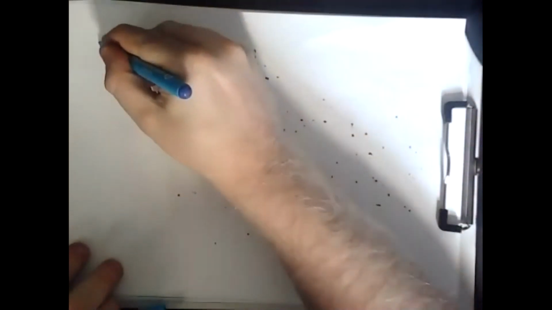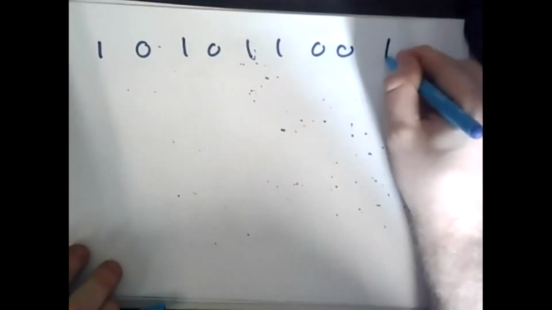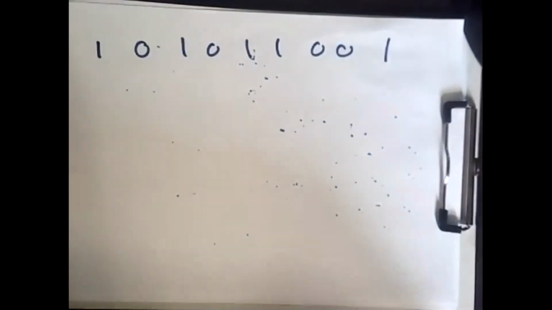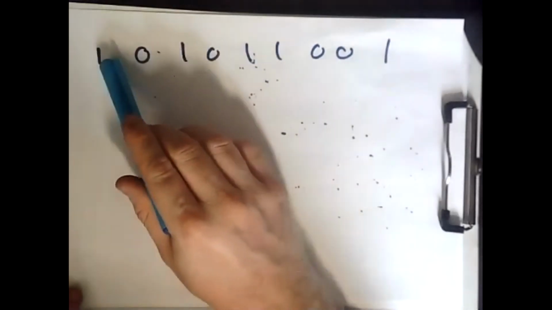For example, if you have an input stream of bits, which is 1 0 1 0 1 1 0 0 1, and you would like to represent these bits. Basically, the simplest way is using high and low bits. So you can say that this is a high and this is a low.